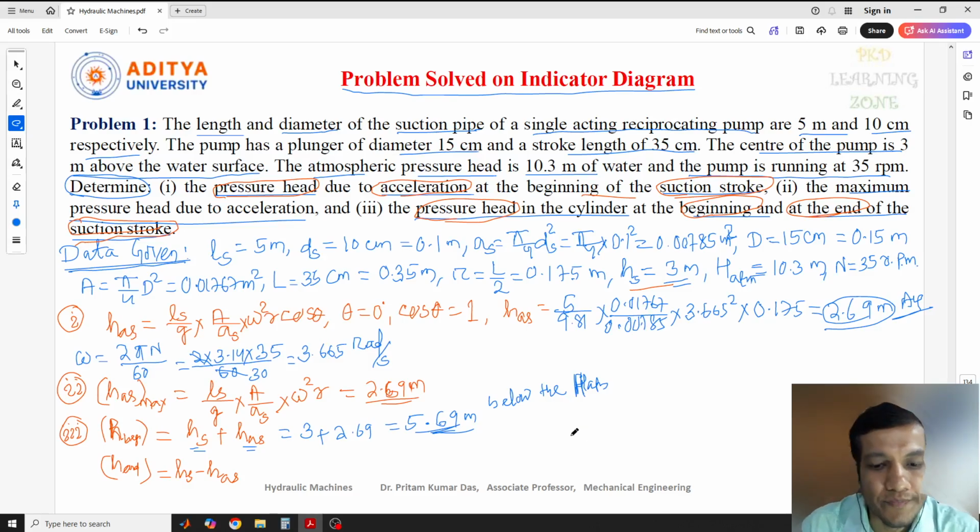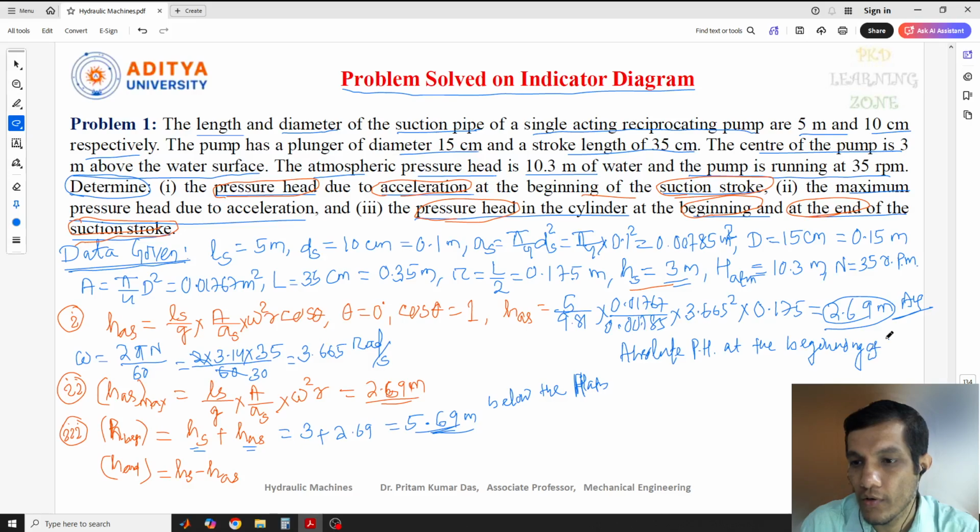Now we can find the absolute pressure head in the cylinder at the beginning of the suction stroke. For that, we write the atmospheric pressure head minus the pressure head we got at the beginning of the stroke.